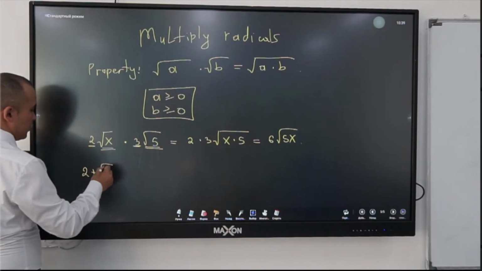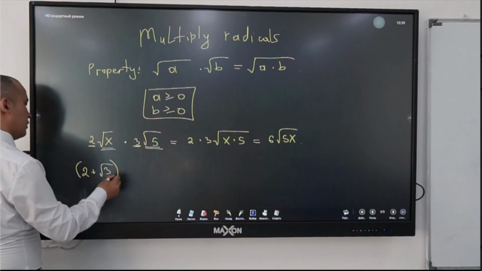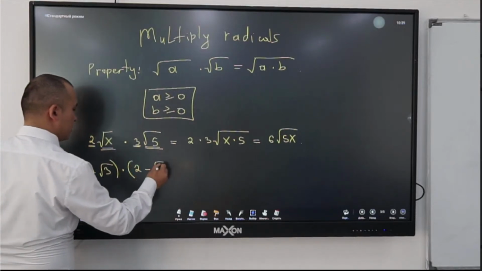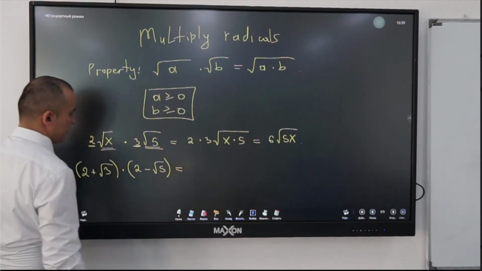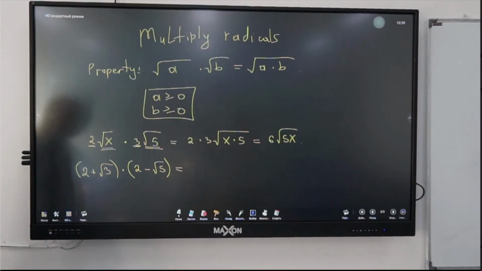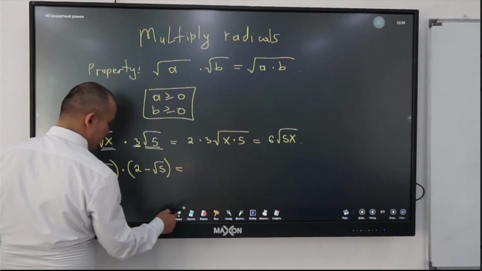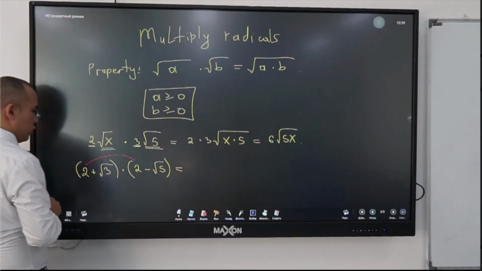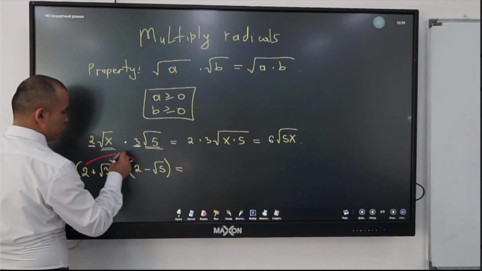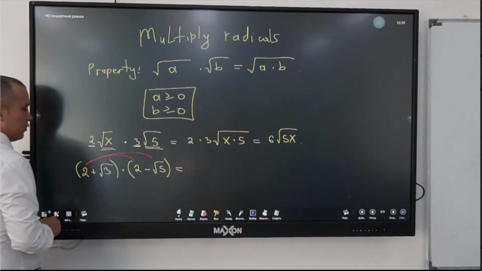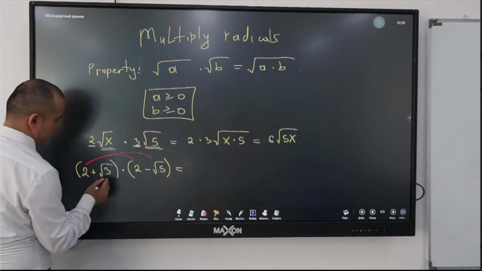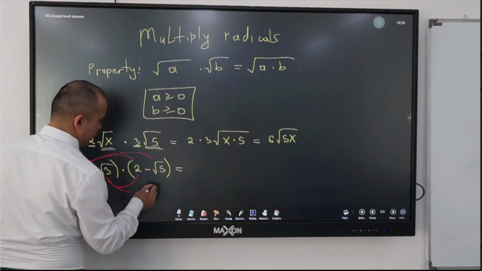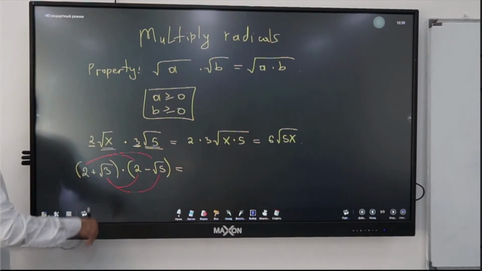Okay, another example. 2 plus root 3 times 2 minus root 5. Okay, let's multiply. First, we multiply 2 by 2 and 2 by minus root 5. And also root 3 will be multiplied by 2, then by minus root 5.